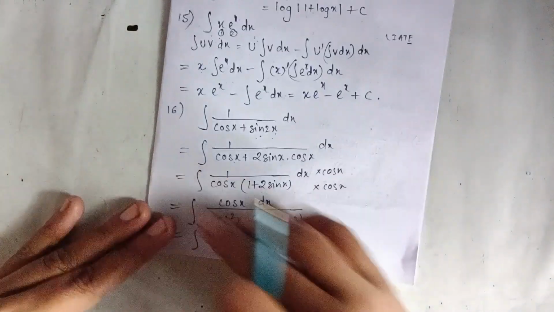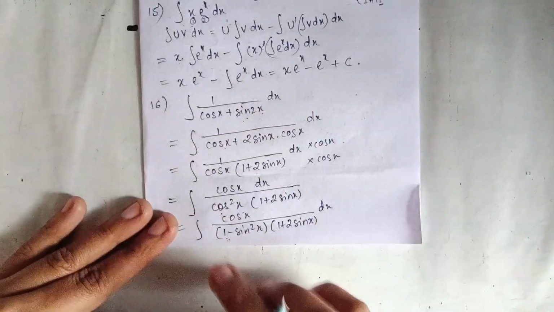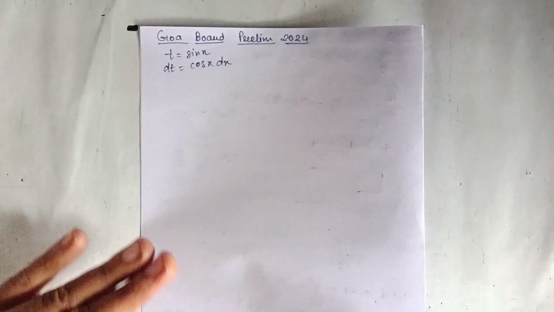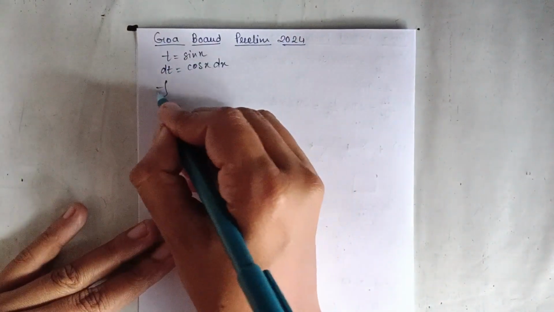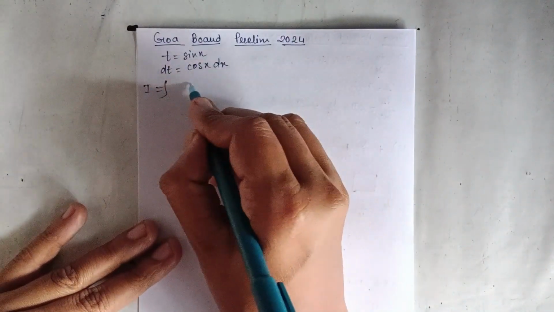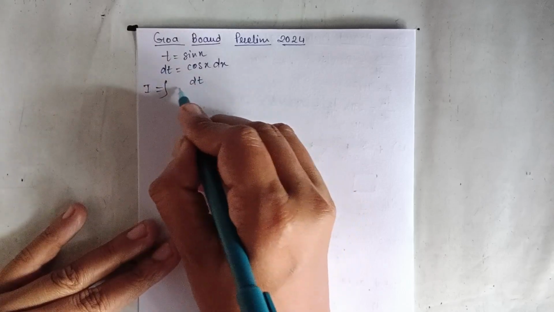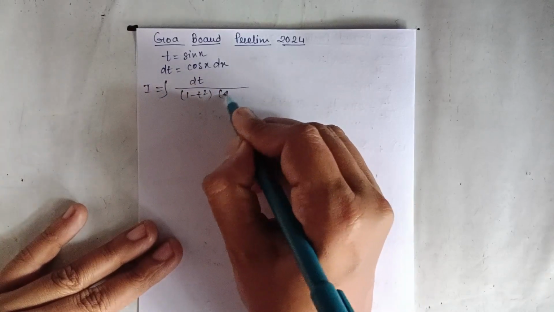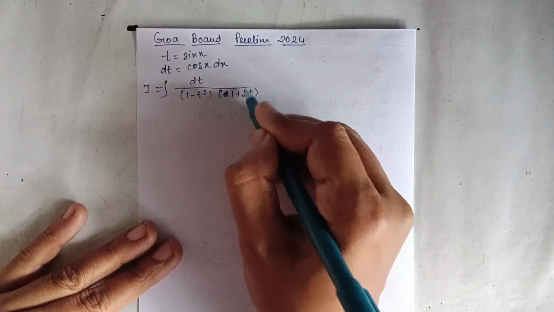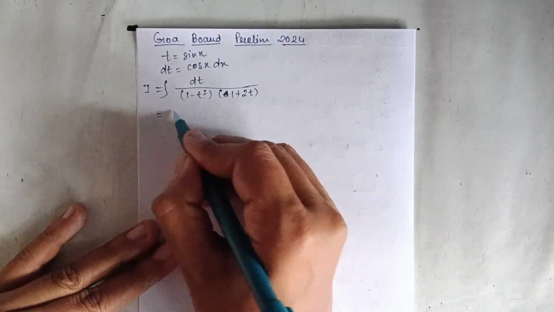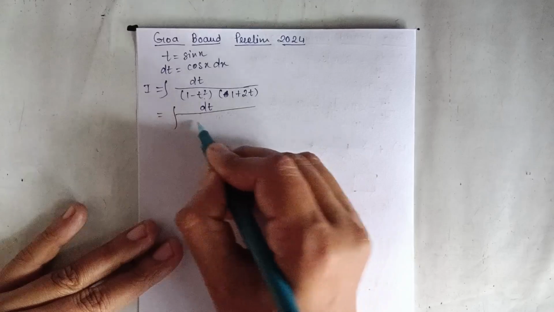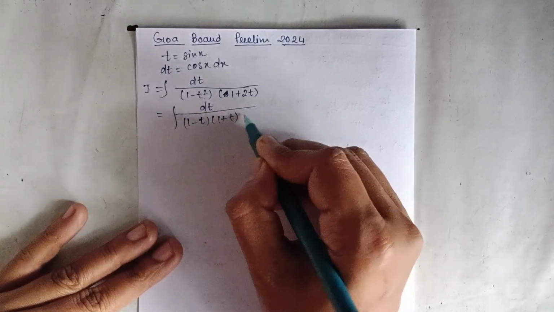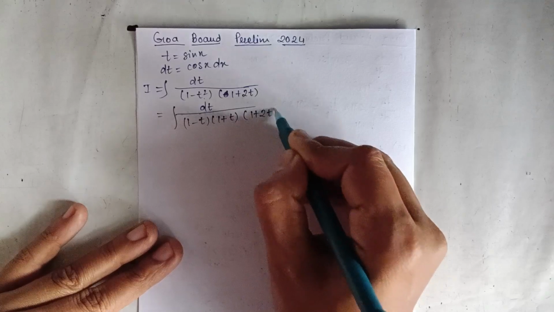Okay. So cos x dx is dt. The denominator will be 1 minus t square into 1 plus 2t. So this we can expand, that is a square minus b square. So 1 minus t, 1 plus t, 1 plus 2t.